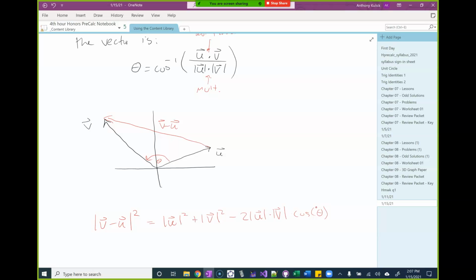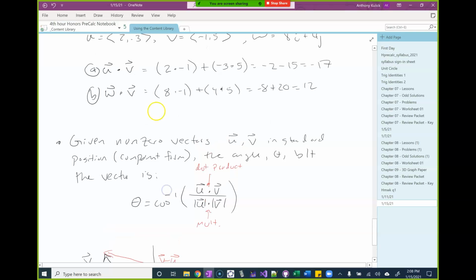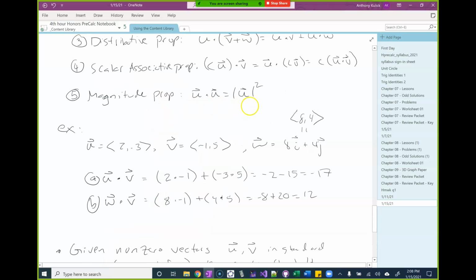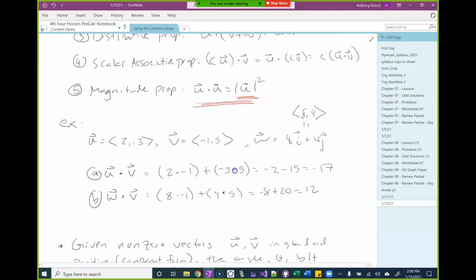What I'm going to do next is use this magnitude property. So on the left-hand side of my equation I have the magnitude of v minus u squared, right? I'm going to use that to write that as the dot product of v minus u with v minus u.